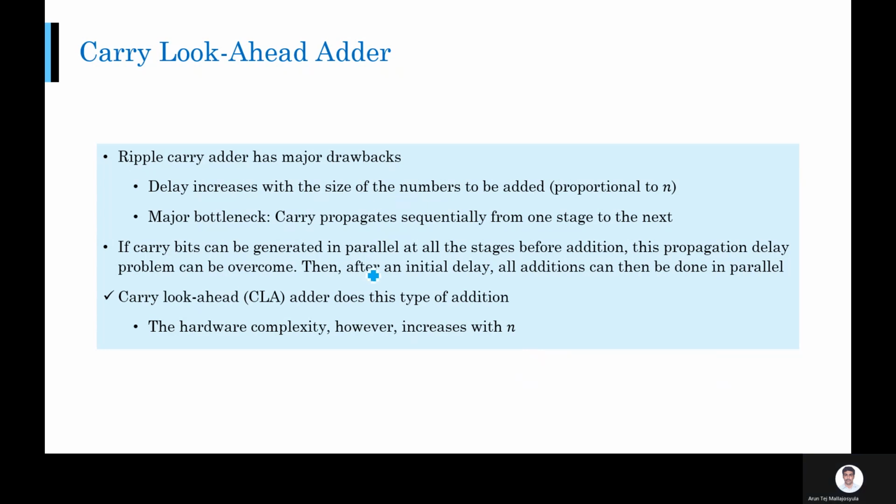There will be some initial delay because you want to generate the carry bits. You generate the carry bits after that delay, give all the carries to the adder, and you get your output. That kind of generation of carry before you do the addition is called carry look ahead generation, and this adder is called the carry look ahead adder.